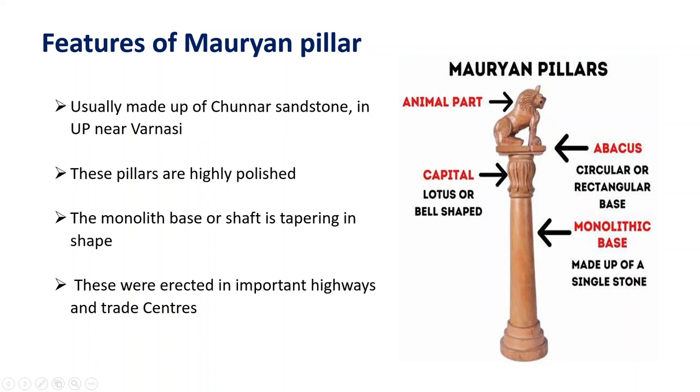This abacus is just a platform where the animal part can be kept. The abacus can be circular or rectangular, and above the abacus we can have an animal part. In most of the Mauryan pillars we can see an animal part.